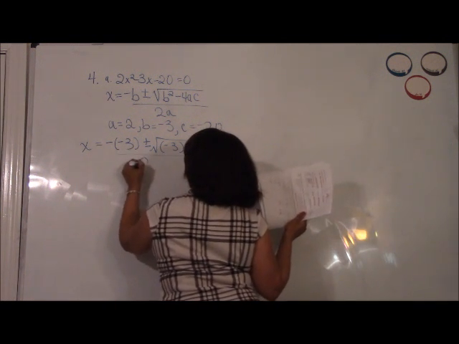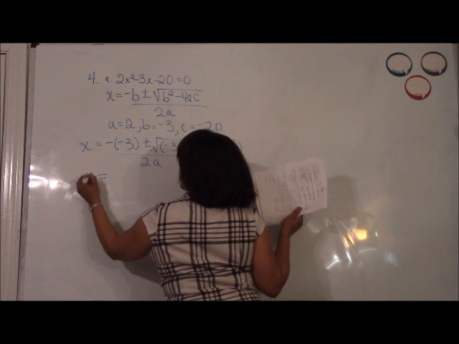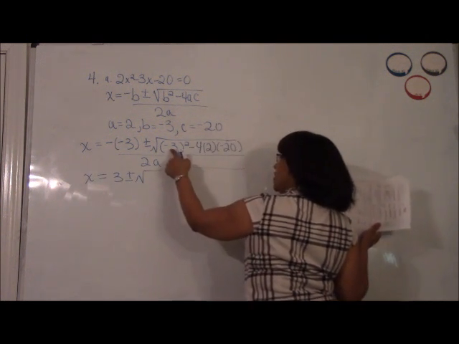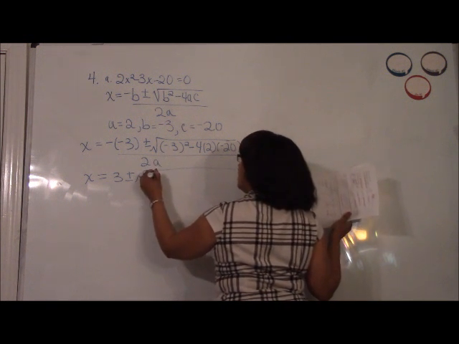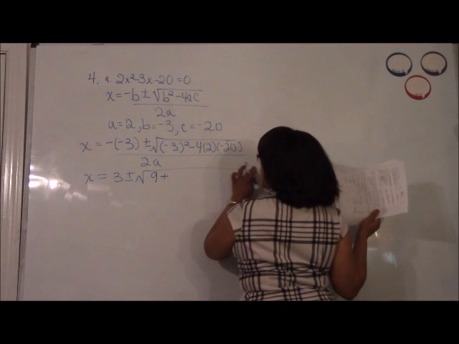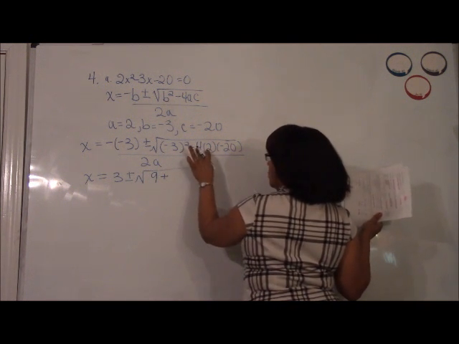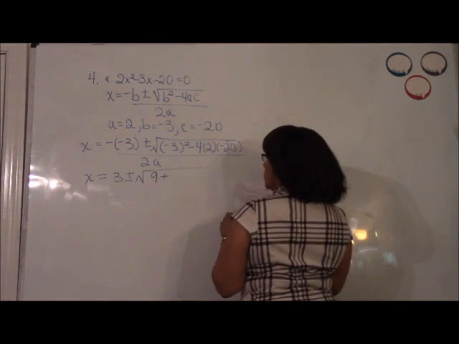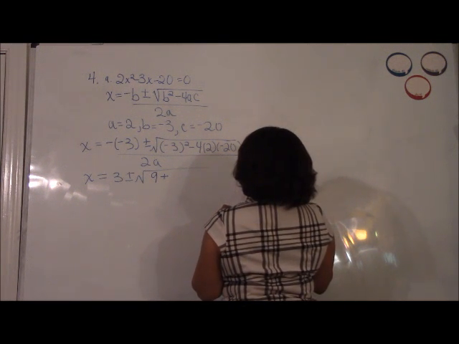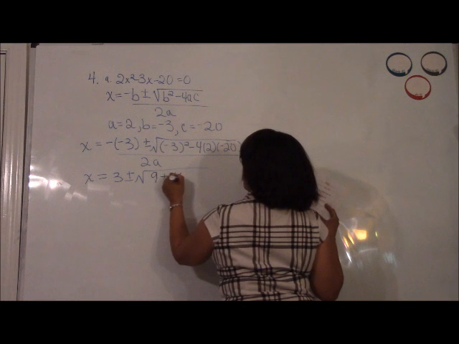all divided by 2a. Well, the opposite of negative 3 is 3, plus or minus the square root of, don't forget this goes in parentheses when you square it, so it's positive 9. A negative times a negative means that's also going to be a plus sign there. 4 times 2 is 8, and then 8 times 20, you get 160, so that's going to be 169. Yep, 169.